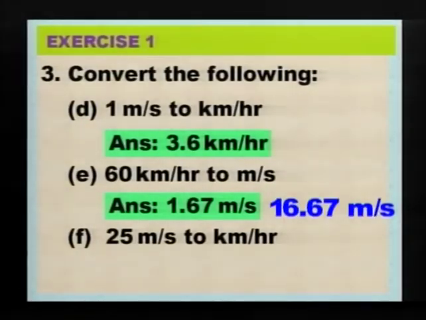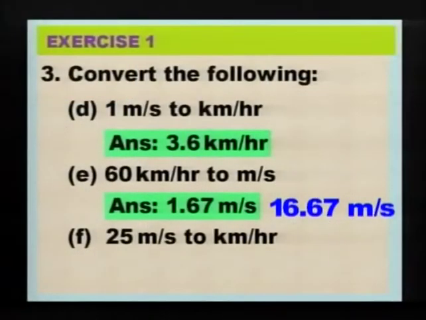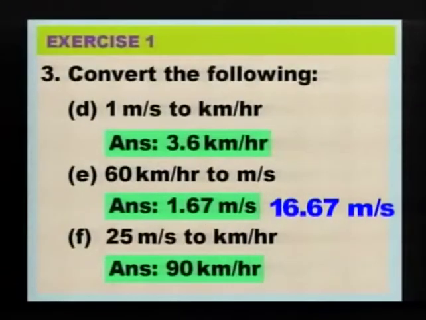Okay, letter F. 1.5 kilometers per hour. Are you sure? Agnes, what's yours? Raylene? 90 kilometers per hour. 90 kilometers per hour is correct. Okay, note.